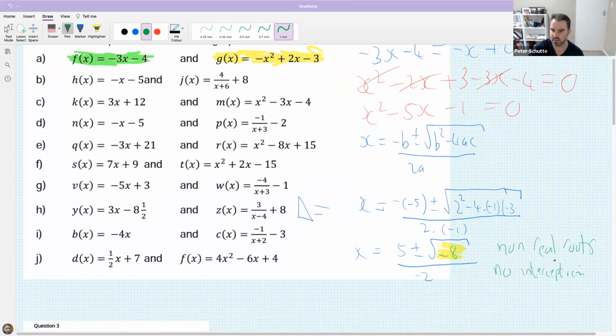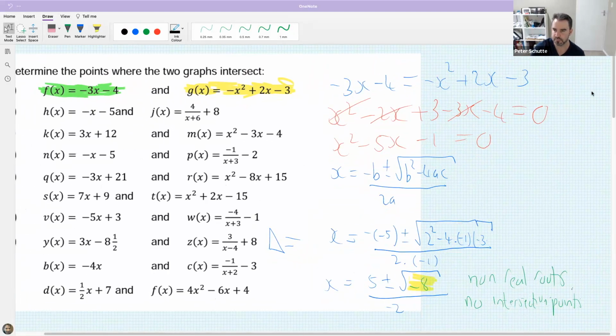It basically means that you can't solve this in the real numbers. And so we say there are no real roots, and therefore there are no intersection points. So this is possible. It doesn't come up all the time.